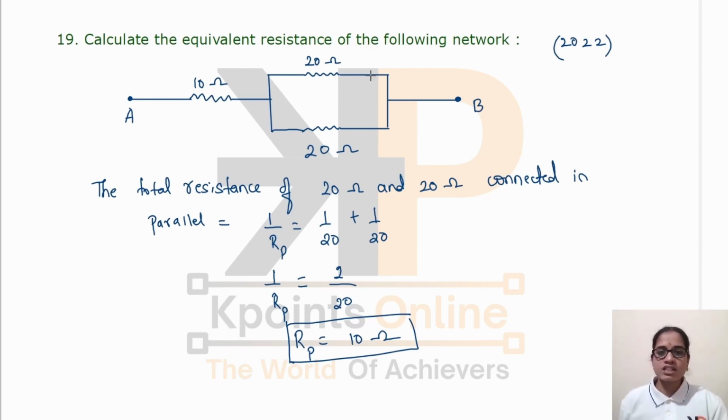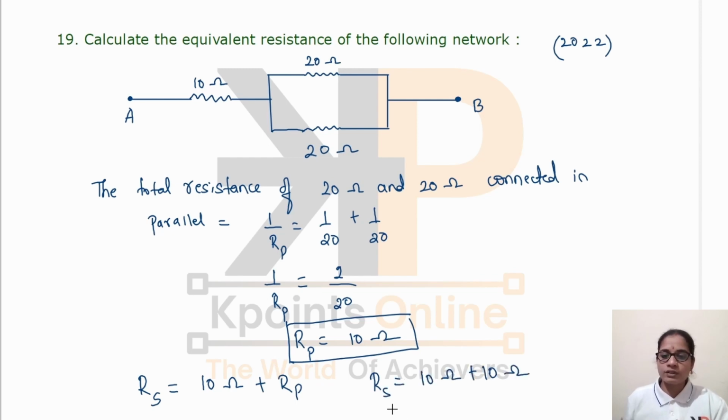Now again this system of resistors is connected in series with this resistor. So our equivalent resistance in this case will be Rs is equal to 10 ohm plus Rp. That is Rs is equal to 10 ohm plus 10 ohm is equal to 20 ohm.